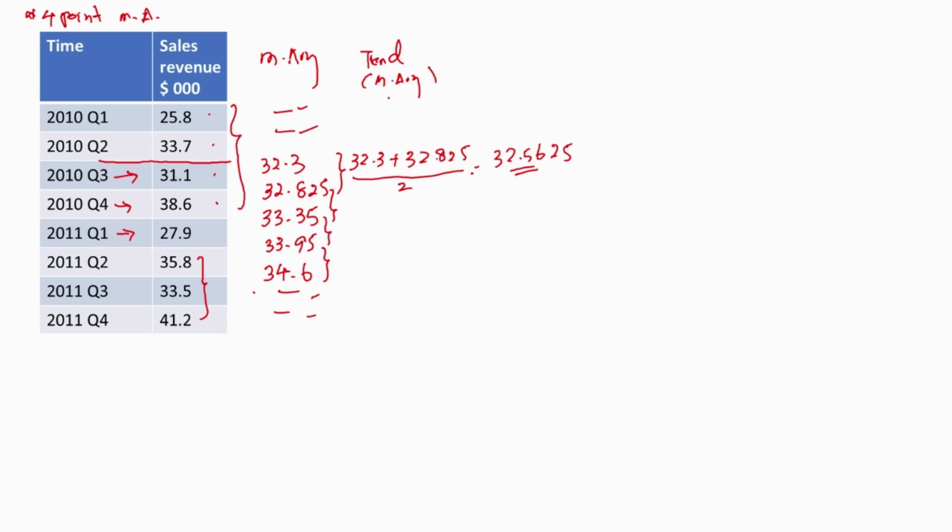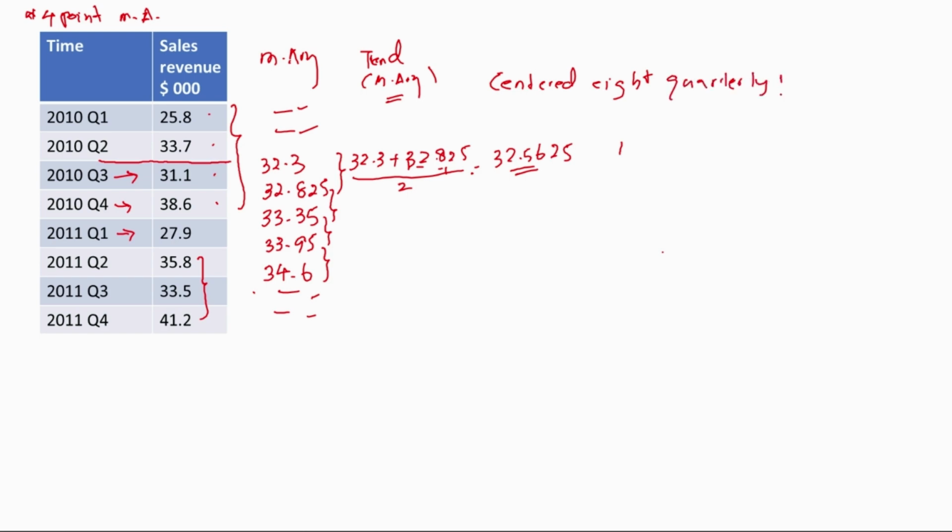This is why we did another average calculation, so that we have a particular time period for each average value. This 4-point moving average method is also known as the centered 8 quarterly total.